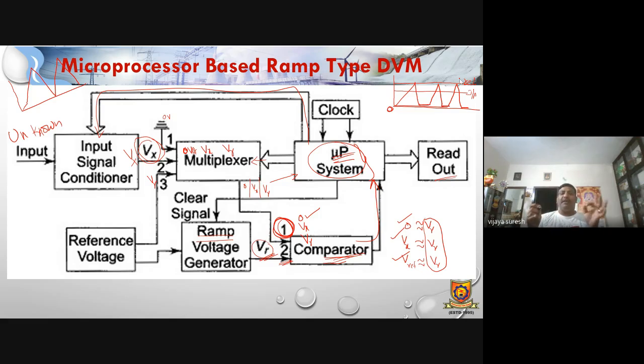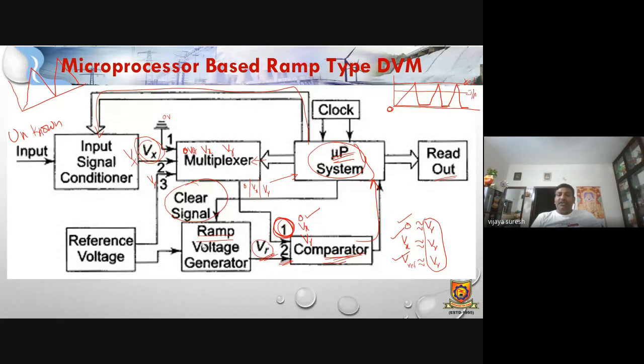Initially the microprocessor system will reset. The ramp signal increases, decreases, increases, decreases, just like a sawtooth signal. As the ramp goes on increasing and reaches the reference value, the microprocessor system will send a clear signal to clear the ramp voltage, so the ramp comes to 0.